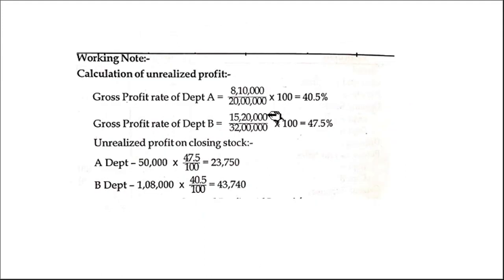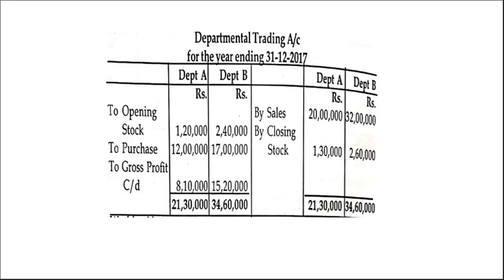Now, as you know, the goods are transferred at invoice price. We have to calculate the stock reserve. So we need gross profit rate. Calculation of unrealized profit. Gross profit rate of department A. So what is the formula? Gross profit divided by sales, total sales. So for A, how much? Gross profit 8 lakh 10,000, sales 20 lakh.